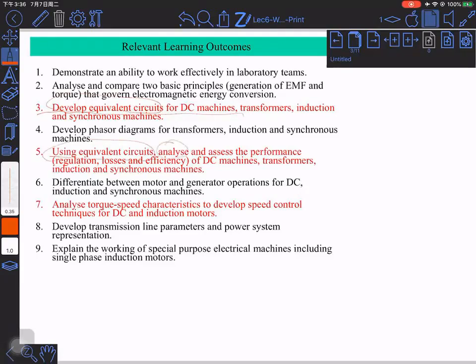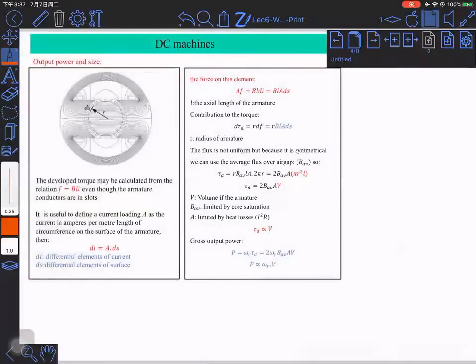For example, the analysis of the torque speed curve and the analysis of how to do the speed control, and also help us assess some of the performance, like the losses and the efficiency. Torque speed characteristics, definitely we are going to explore this, and we are also going to look at the speed control. So these are the learning outcomes.